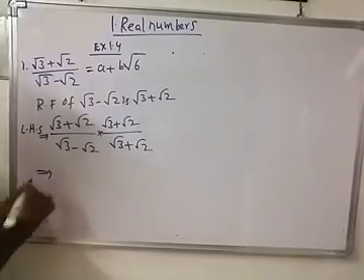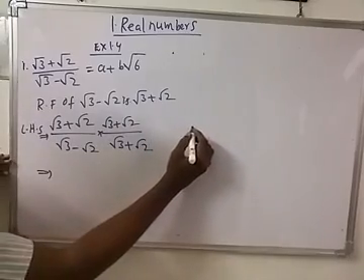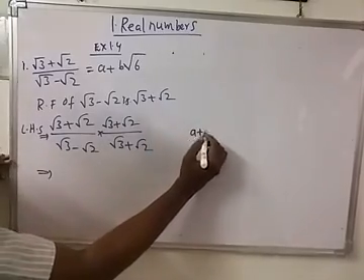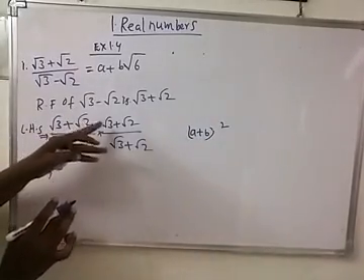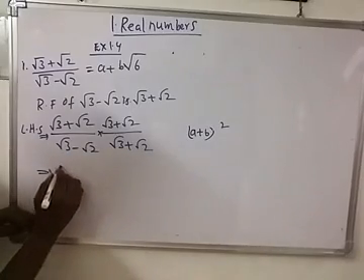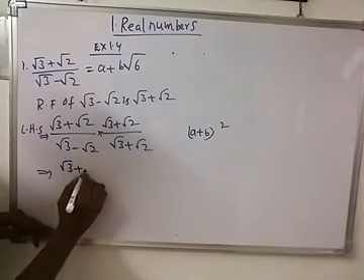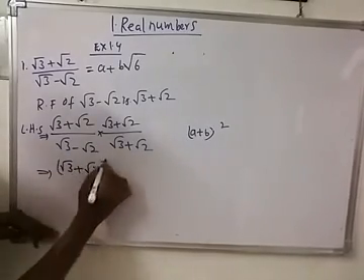Now, the numerator is (square root 3 plus square root 2) into (square root 3 plus square root 2), that is (square root 3 plus square root 2) whole square.